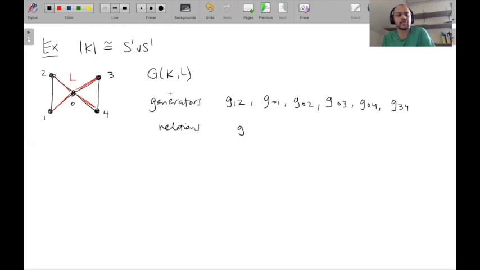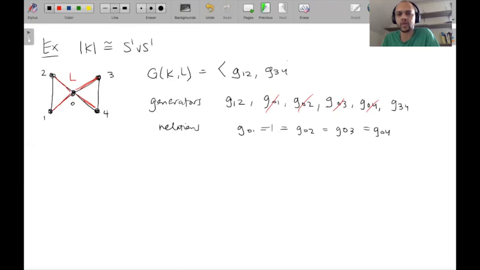There are no faces, no triangles, so the only relations are the ones coming from setting generators that correspond to edges in the maximal tree to be trivial. So G_{0,1} is 1, which is G_{0,2}, and G_{0,3}, and G_{0,4}. This is what we compute, and what we're left with at the end is that this group has a presentation with two generators and no relations.